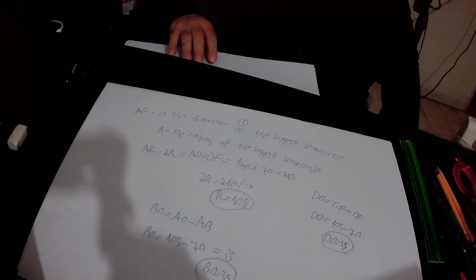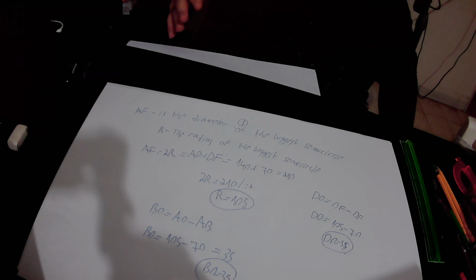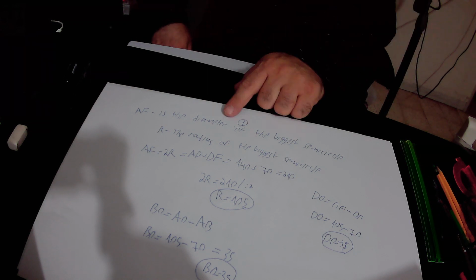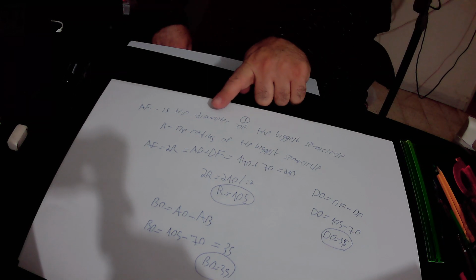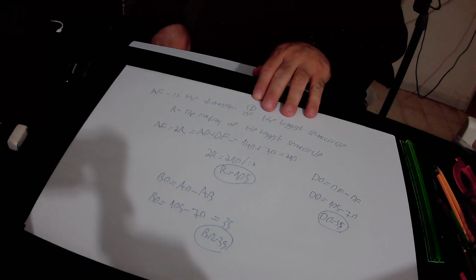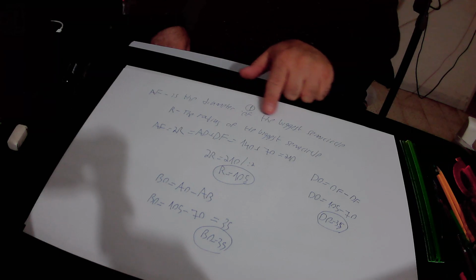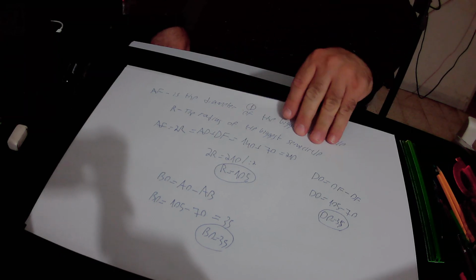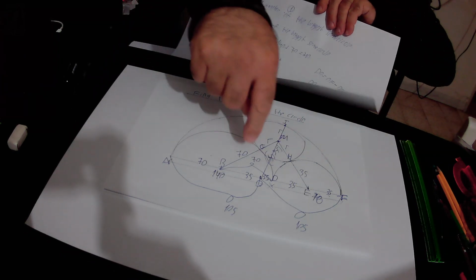We know that the diameter of any circle or semicircle is twice as long as the radius. So capital R is the radius of the biggest semicircle.